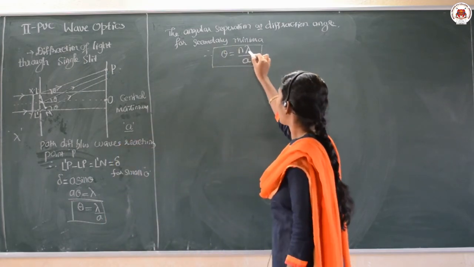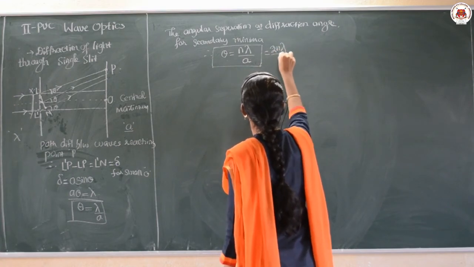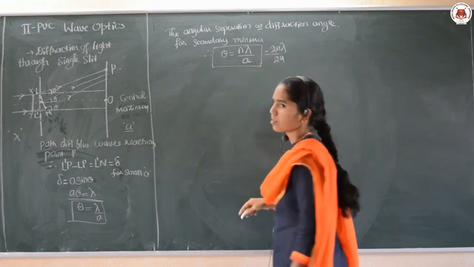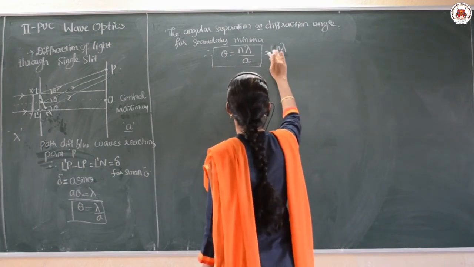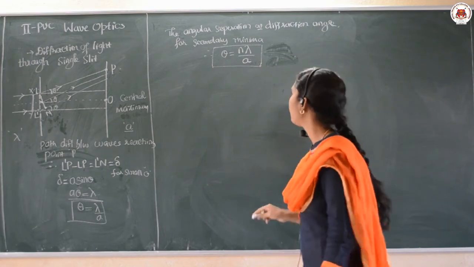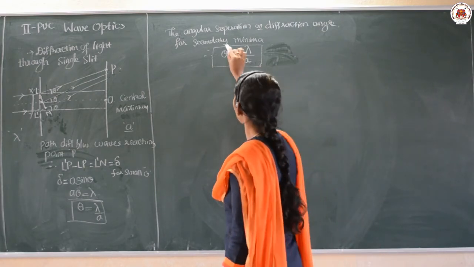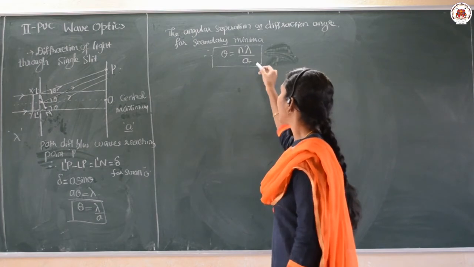So that is n lambda by A, or if you want, 2n lambda by 2A, like this also you can write. If you are taking the 2 here, then it becomes the angular width of the central maximum. Therefore, for a secondary minima, you can write the condition theta is equal to n lambda by A.